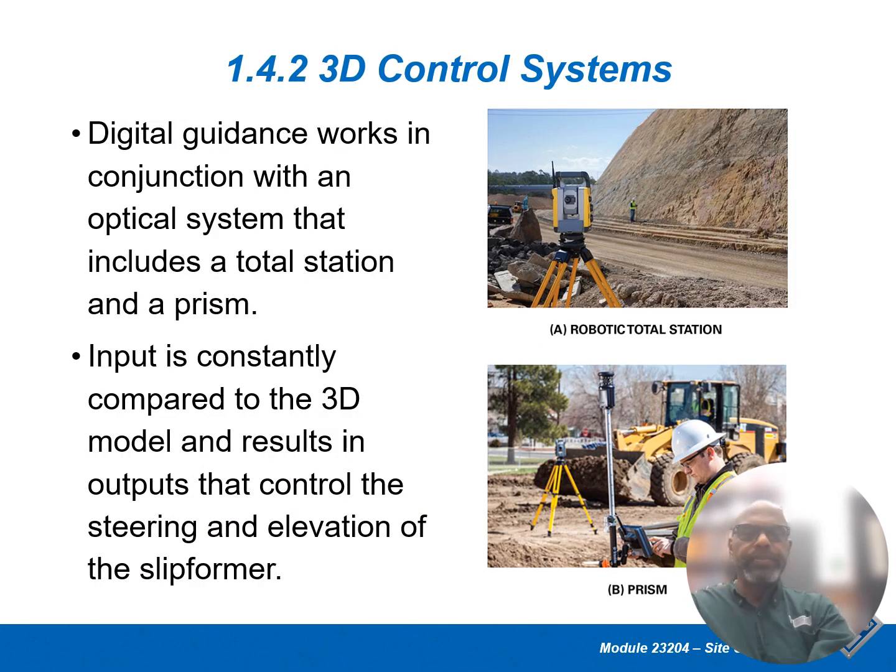Control systems. Digital guidance works in conjunction with an optical system that includes a total station and a prism. Now, that total station is what, in the very beginning, when we talked about the survey of this lesson, we were talking about what you would use to follow the information on that chart.